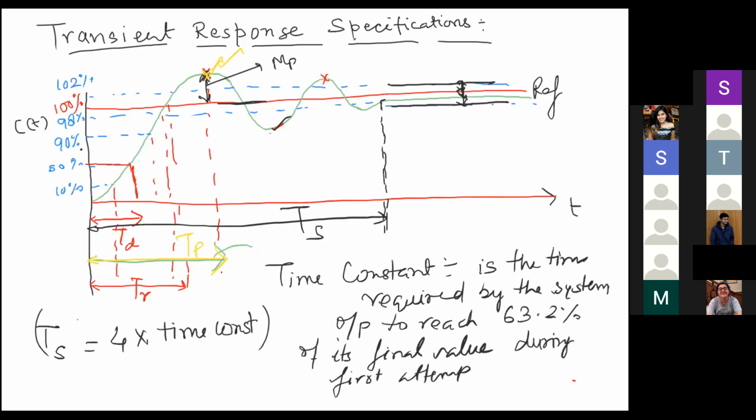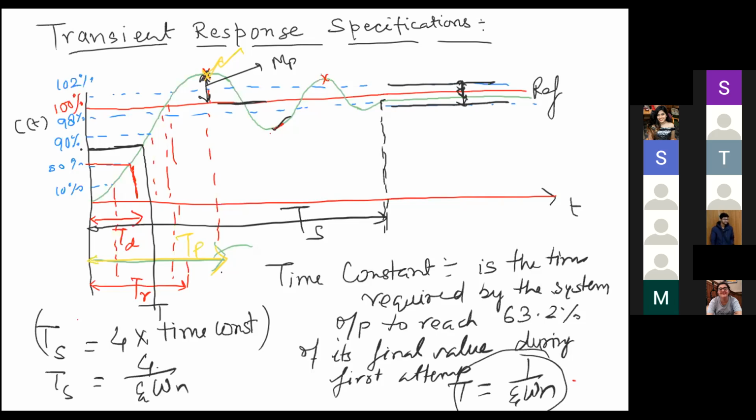So 63.2% is something we are going to attain here. So this is known as time constant, that is capital T. Now, this time constant or this settling time can be equivalent to 4 times 1 upon zeta into omega n, and this time constant is nothing but 1 by zeta into omega n.